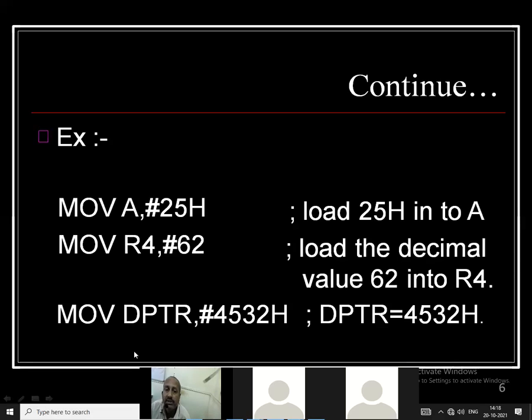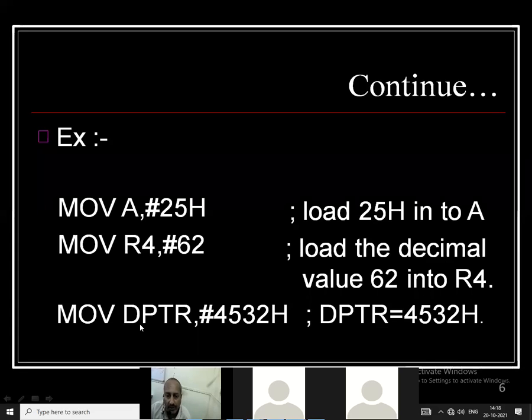So the difference is of this H. So in first instruction the data is in the form of hexadecimal. आणि इथं काहीच लिहिलेलं नाहीये, म्हणजे हे डेसिमल व्हॅल्यू कायम लक्षात ठेवा. So this decimal value 62 is going to be transferred into this R4.